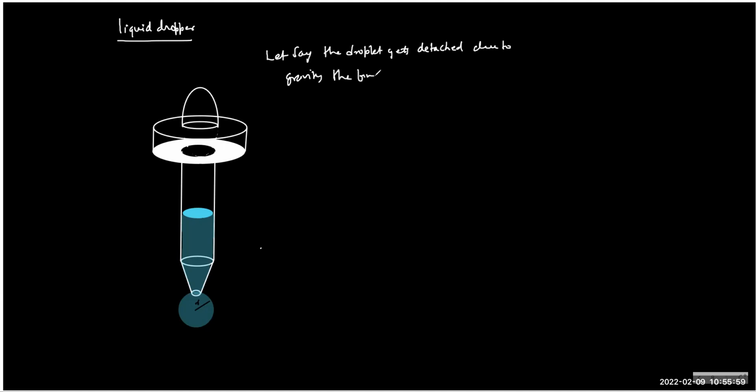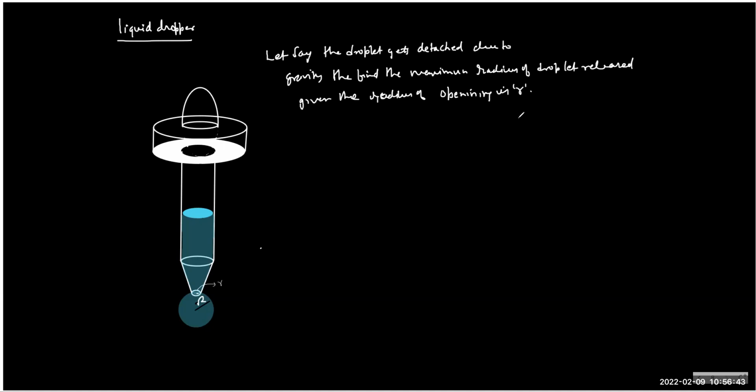Then find the maximum radius of the droplet released, given the radius of the opening is smaller, this capital R, and the surface density.